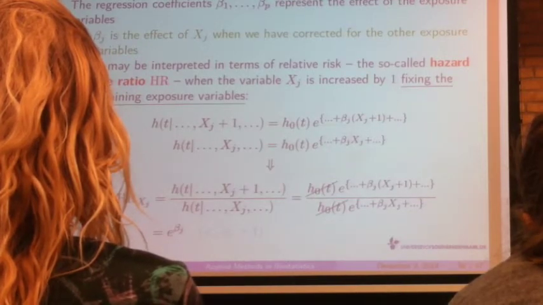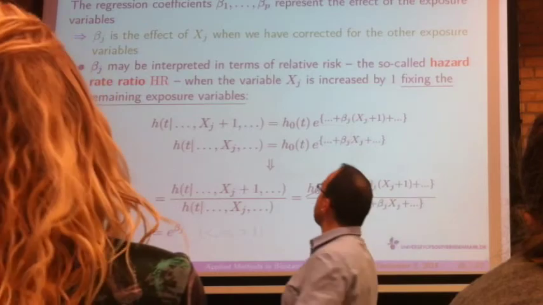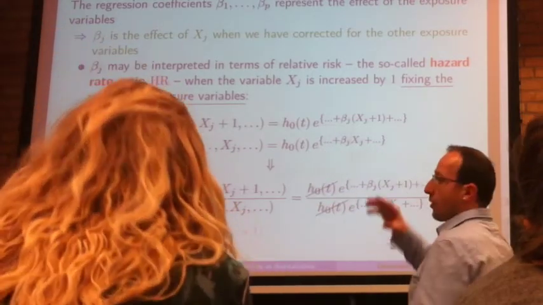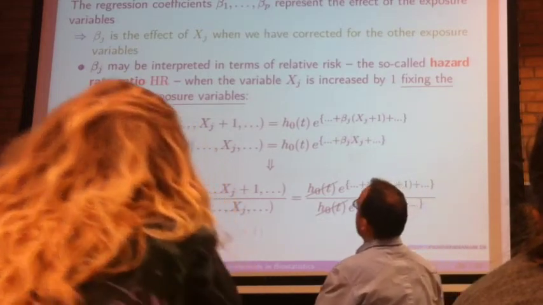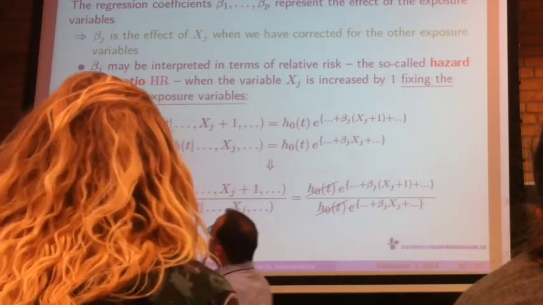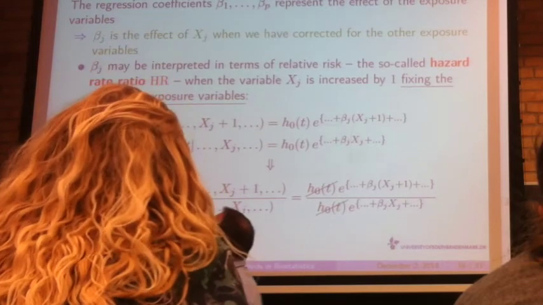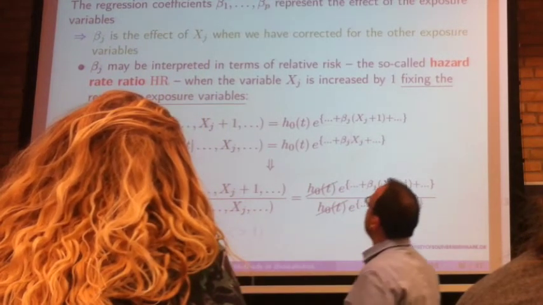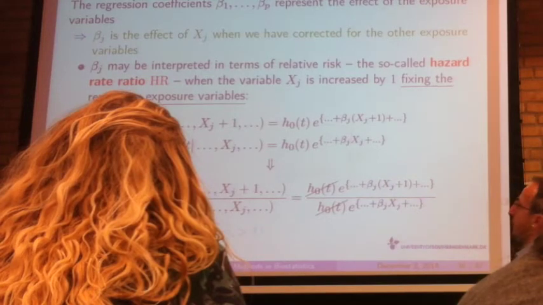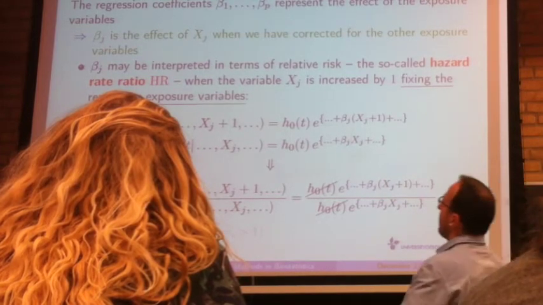So how to interpret the coefficients? The regression coefficients, beta 1 to beta p, represent the effect of the exposure variable. Beta g, which is the regression coefficient of the g-th exposure variable, is the effect when we have corrected for the other exposure variables. What does it mean?